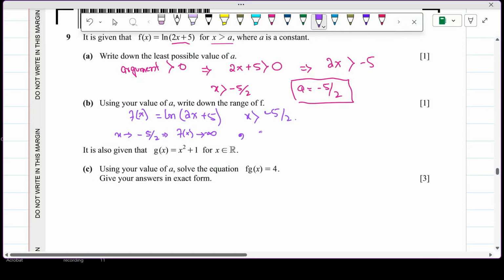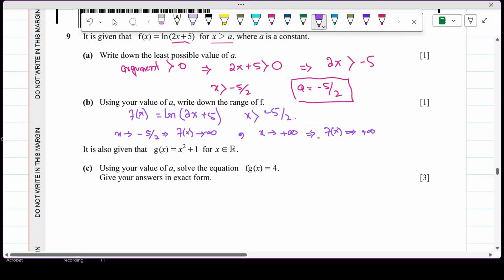Similarly, when x approaches positive infinity, f of x will approach positive infinity. Okay, so we can say that the range of f is the real numbers.